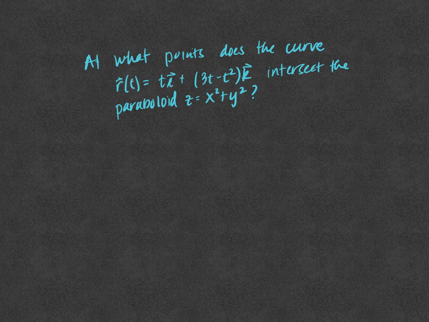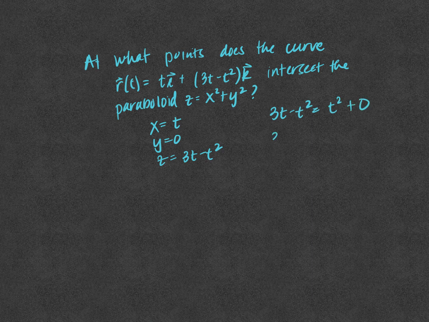At what points does the curve given to us here, this vector curve, intersect the paraboloid z equals x squared plus y squared? If you think about what's happening here, our parametric equations are x equals t, y equals 0, and z equals 3t minus t squared. So let's plug that into our paraboloid, and we're going to say z, which is 3t minus t squared, equals x squared, which will be t squared plus 0.